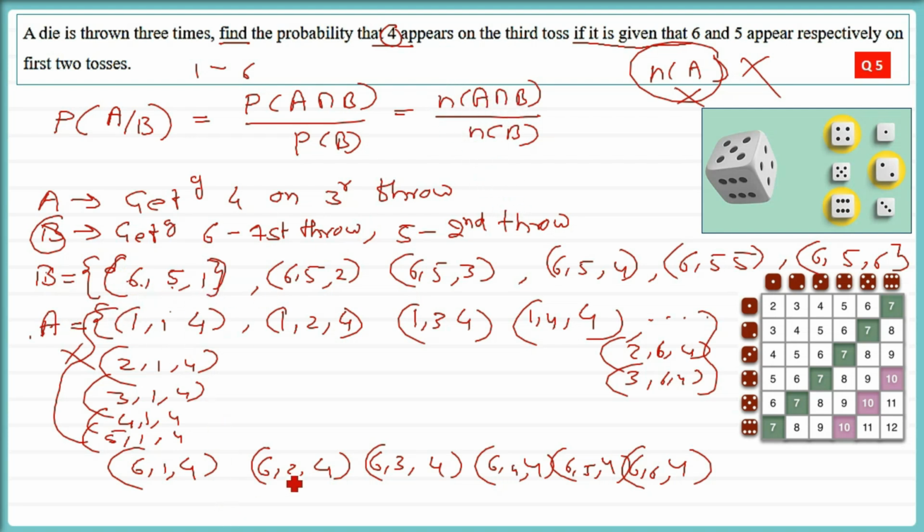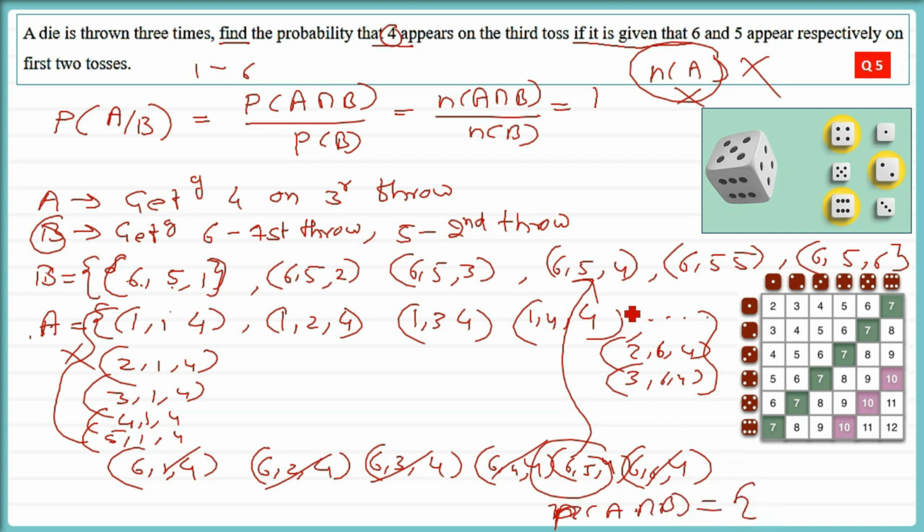If you take the intersection of A and B, only 6 5 4 is the value which is common in A and B. So the intersection of A and B will only give you one element. So N(A intersection B) is only one, and the content is 6 5 4. That is the only commonality between these two.